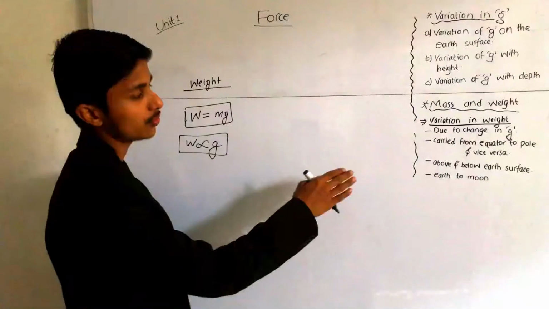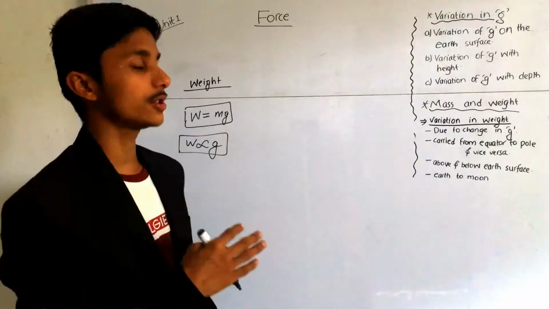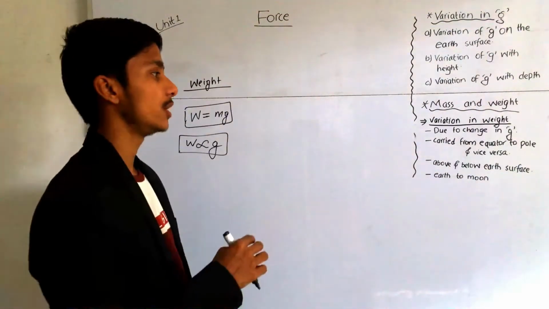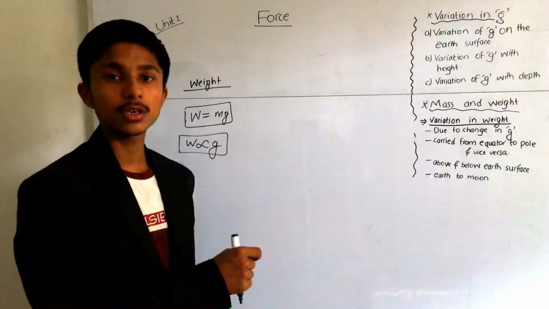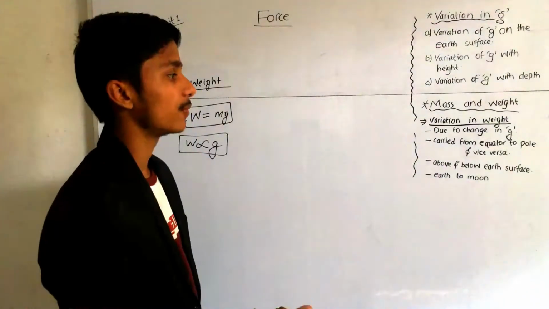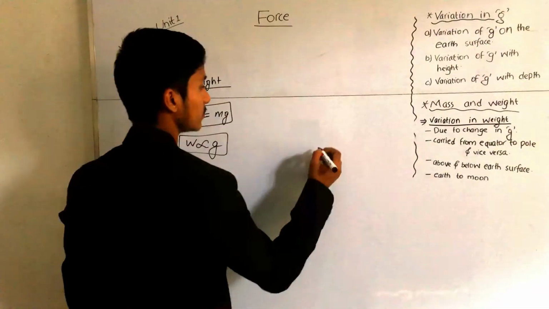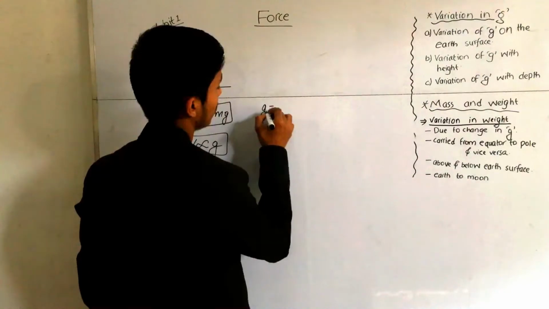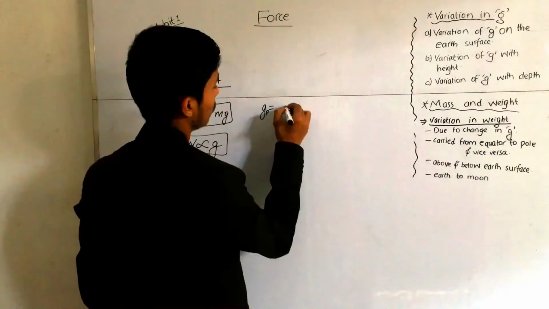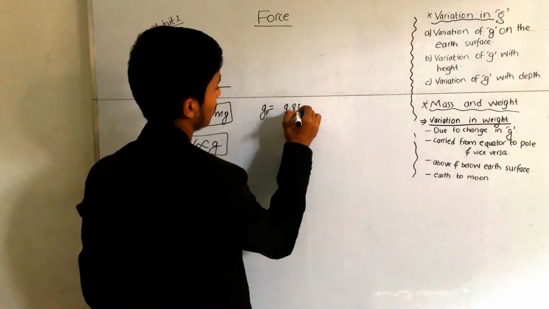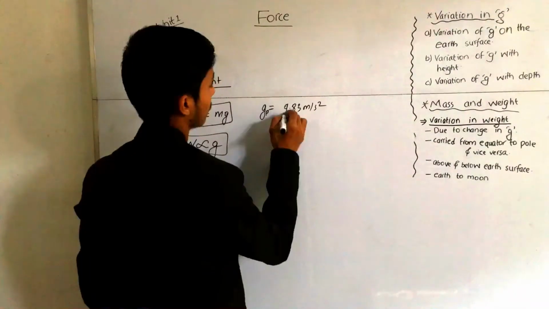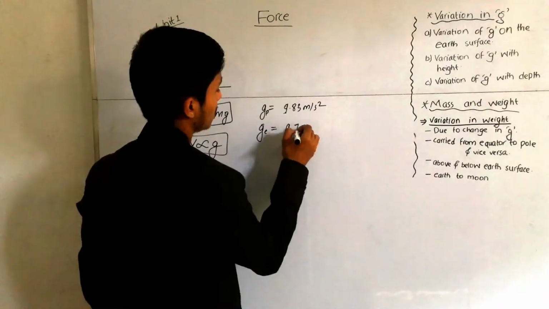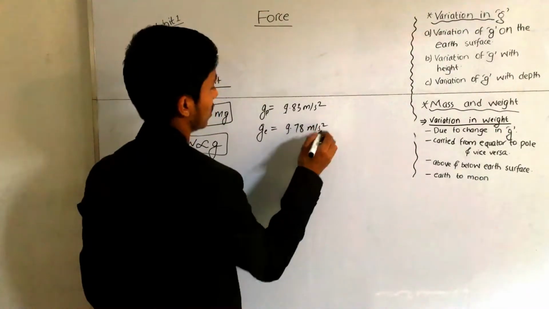Now we go to our next topic, that is carrying an object from equator to pole and vice versa. What will be the change in weight when we carry any object from equator to pole and pole to equator? As I have told you, the value of acceleration due to gravity at the pole is 9.83 meter per second square, and at the equator it is 9.78 meter per second square.